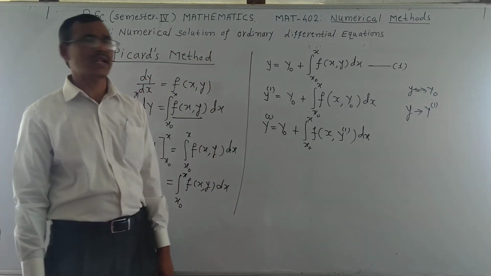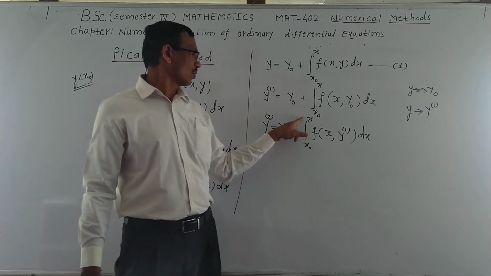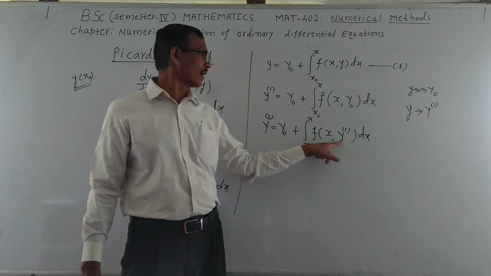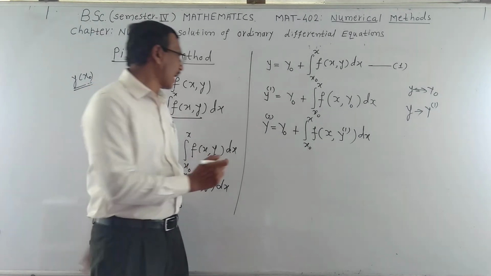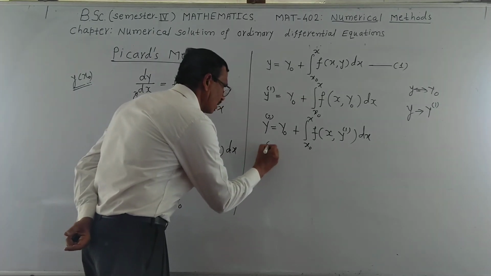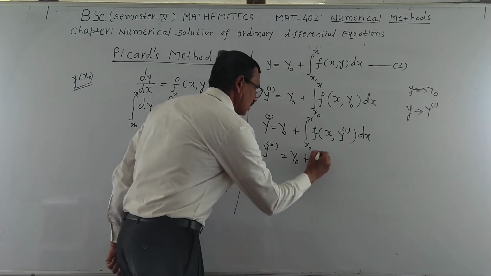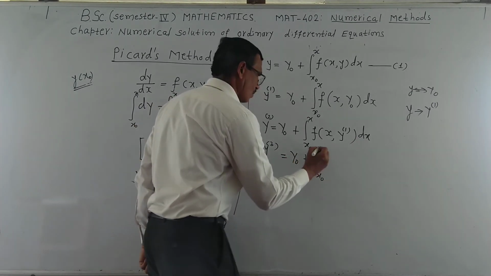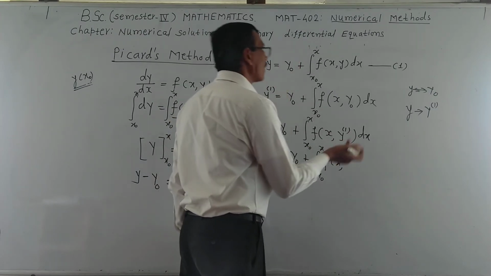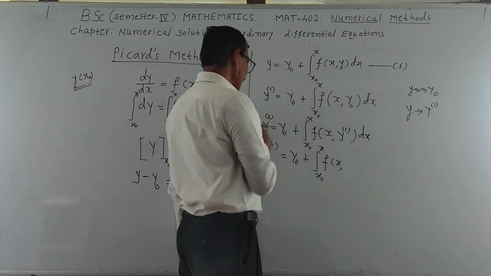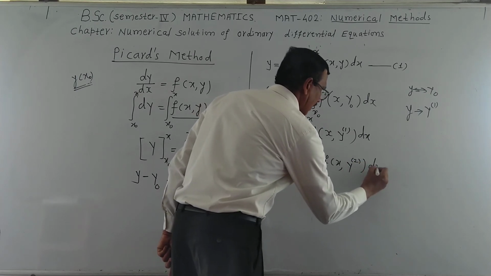The second approximate value is given by y2 is equal to y0 plus integral x0 to x f of x, y1 dx. In a similar manner we can obtain the third approximation denoted by y3 is equal to y0 plus integral x0 to x f of x, y2 dx, where we replace y by y2, the second approximate value.